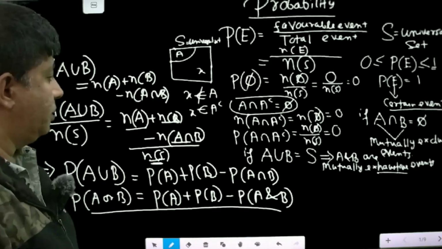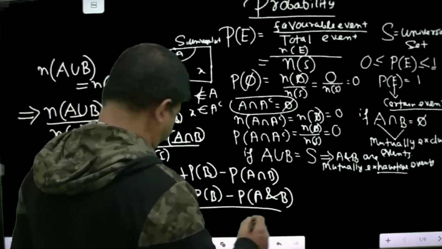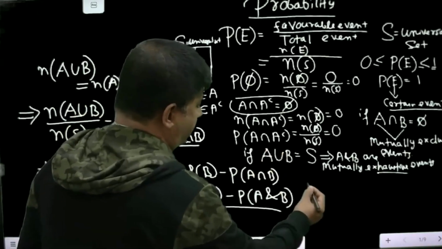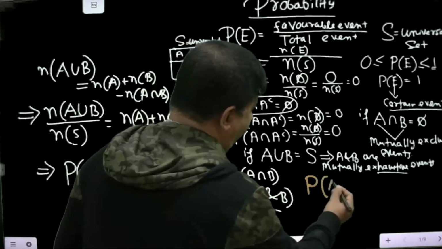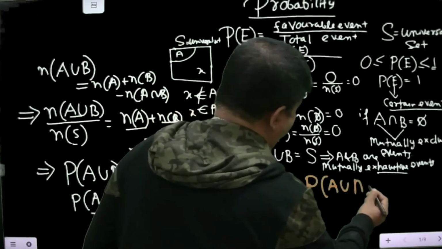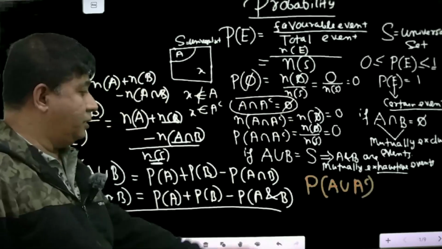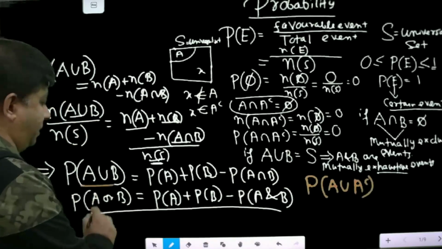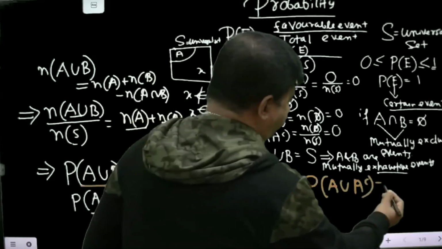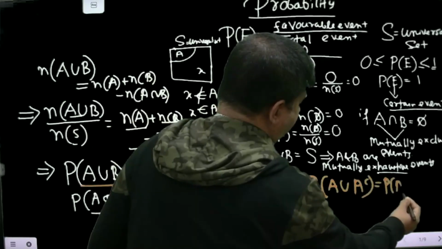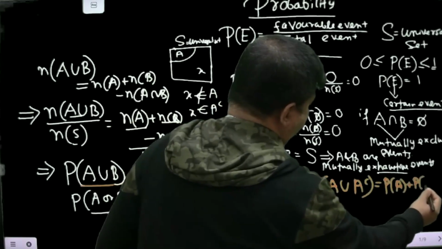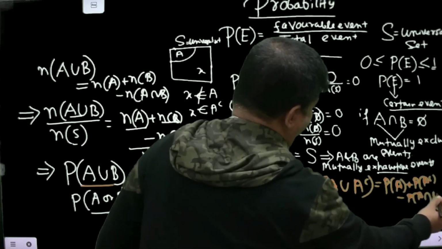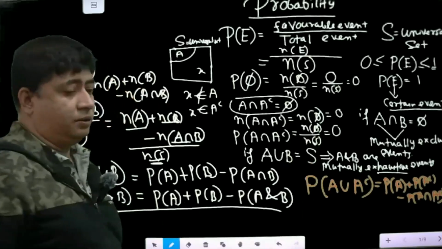Now, what happens in the case of P(A union A complement)? It can be compared to P(A union B), which we have just discussed: P(A) plus P(A complement) minus P(A intersection A complement).